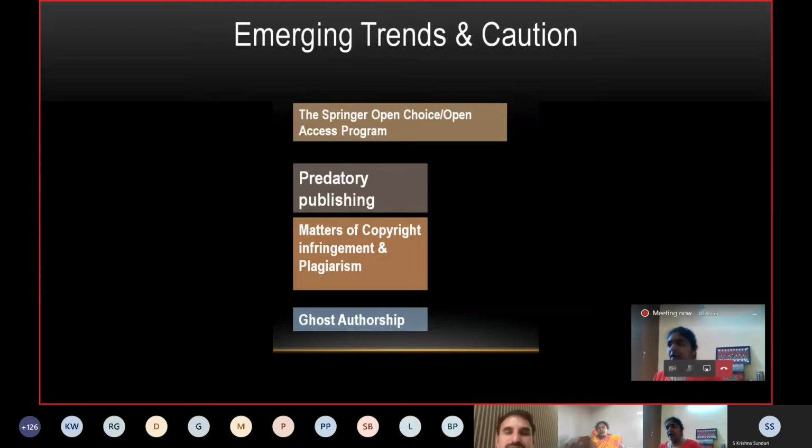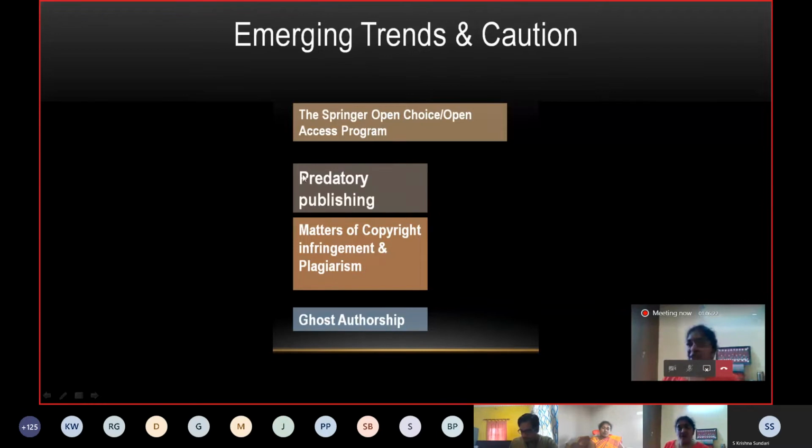It depends upon whether you are financially sound, or whether your institute supports open choice publication, or whether the funding agency supports your publication charges, and whether the journal that you are choosing for open choice is an indexed, ethical, respectable journal or not. So you have to be cautious.